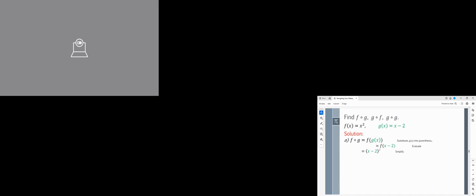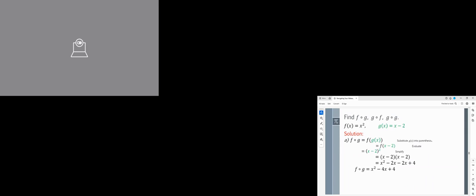Simplify, we're going to multiply it out. x times x is x squared. x times negative 2 is negative 2x. Then we have another negative 2x and a positive 4. So my answer is x squared minus 4x plus 4.